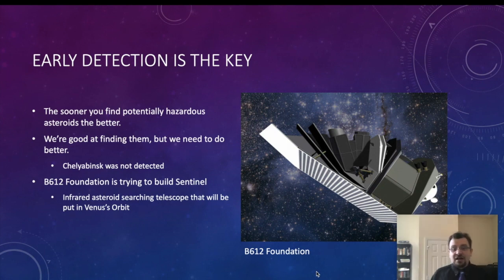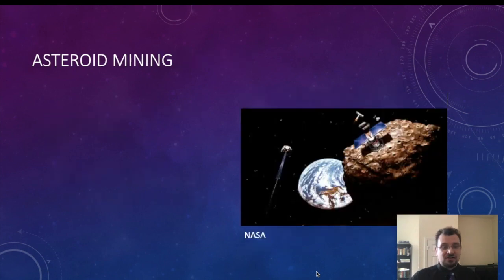But they've done a lot of technological development in order to try to build this. Essentially, it's an infrared telescope that you put in Venus's orbit, and then it can look out away from the sun in infrared, so it's going to be finding those asteroids that are very difficult for us to see from Earth.